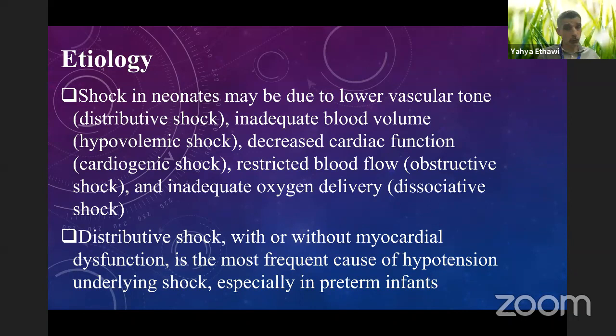Distributive shock, with or without myocardial dysfunction, is the most common cause of hypotension and the most common underlying cause of shock, and that is true mostly in premature babies. So remember that even when the heart is contracting, the tone may not be okay.